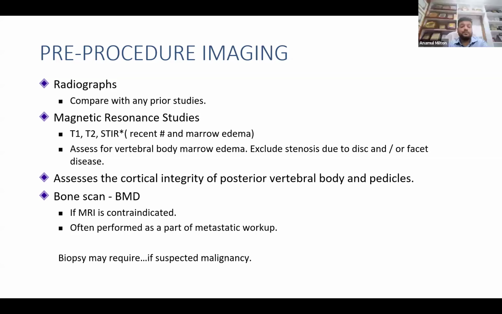And another is the BMD. Why is BMD needed? You can see whether the patient is suffering from osteoporosis or osteopenia or other things. If the fracture is due to osteoporosis and the T score and Z score are very low, the next fracture may happen 1 to 2 years later if the patient is not taking an adequate amount of vitamin D, calcium, and also preventive medicine like denosumab, teriparatide and other things.